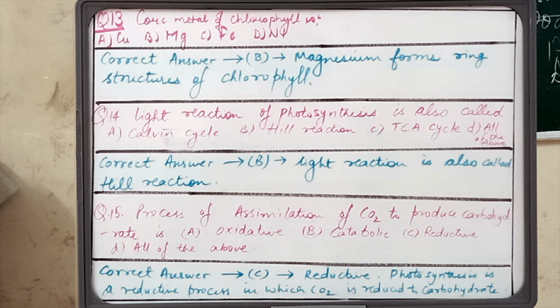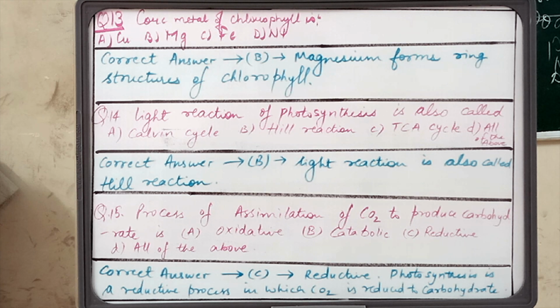You should remember that magnesium forms the ring structure of chlorophyll. Now, let us look at question 14. Light reaction of photosynthesis is also called Calvin cycle, Hill's reaction, TCA cycle, all of the above. We know that light reaction was given by Hill, so it is also called Hill's reaction.